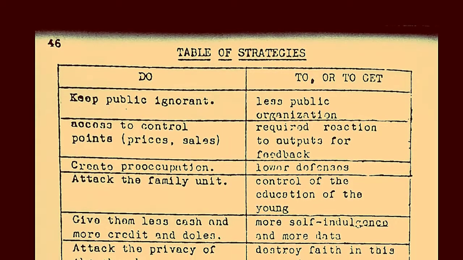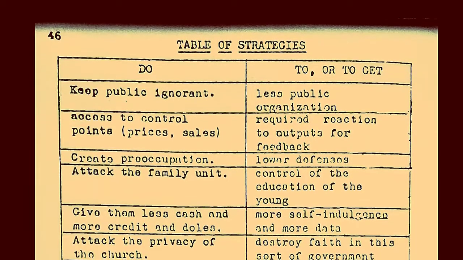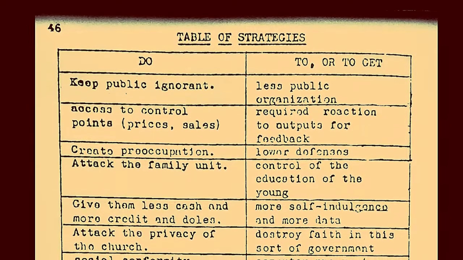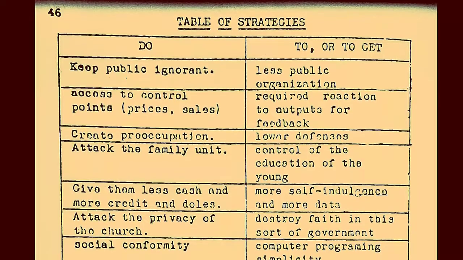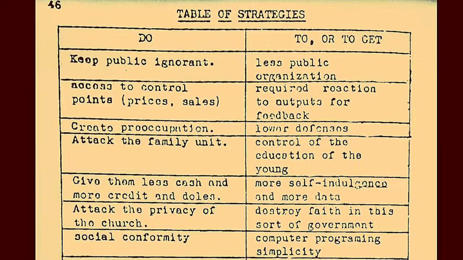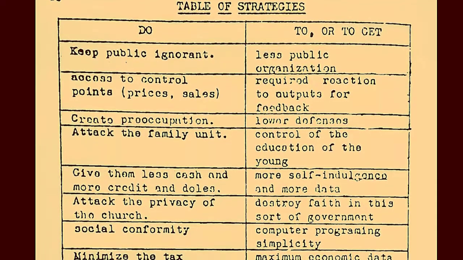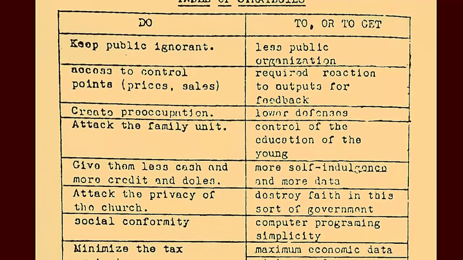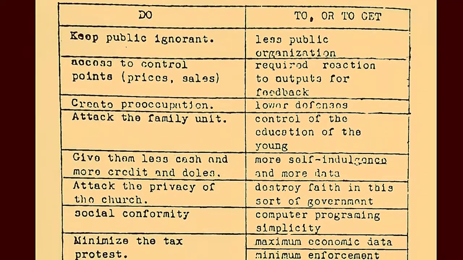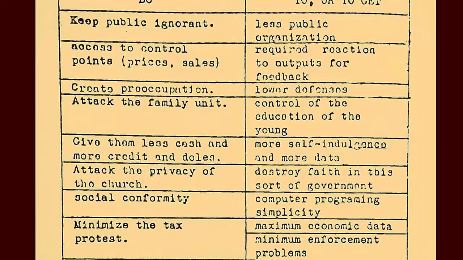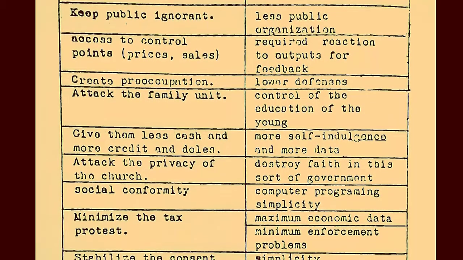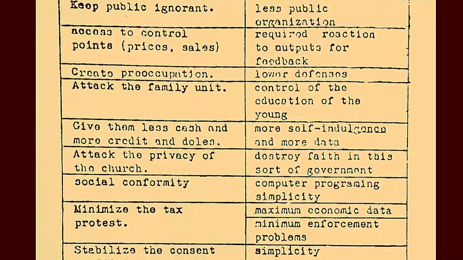Do attack the family unit to get control of the education of the young. Do give less cash and more credit and doles to get more self-indulgence and more data. Do attack the privacy of the church to destroy faith in this sort of government.